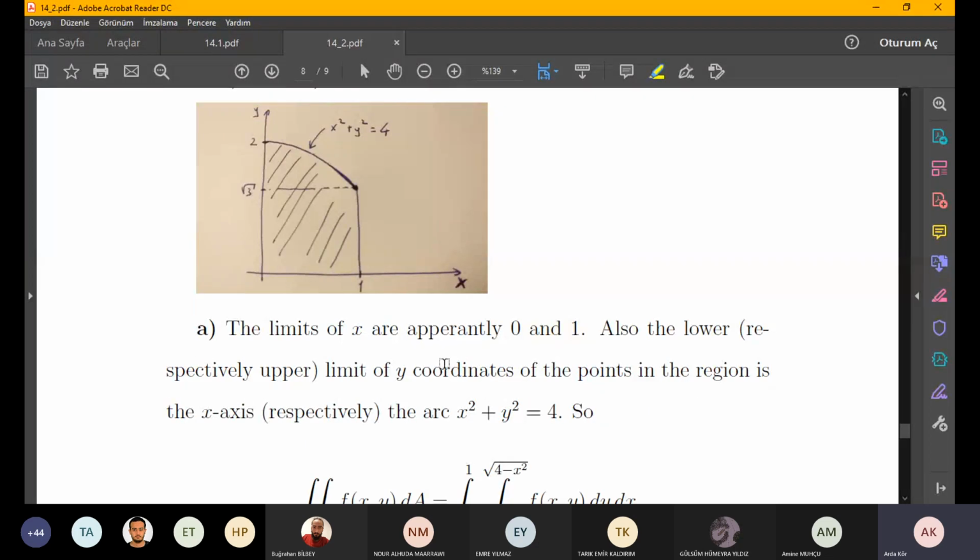The lower limit of y coordinates of the points in that region is the x-axis.